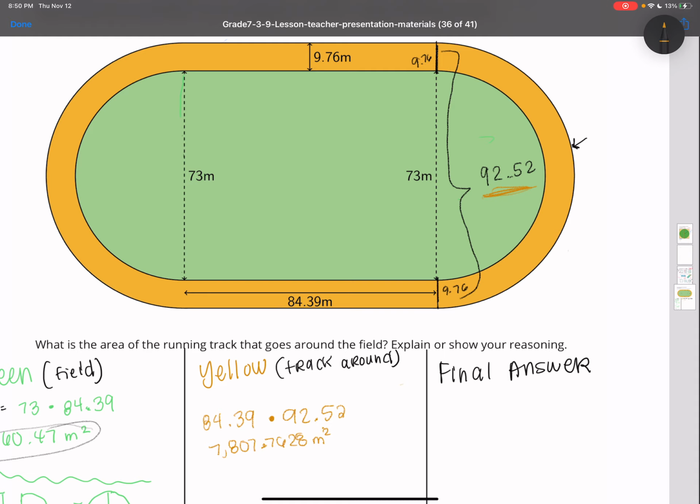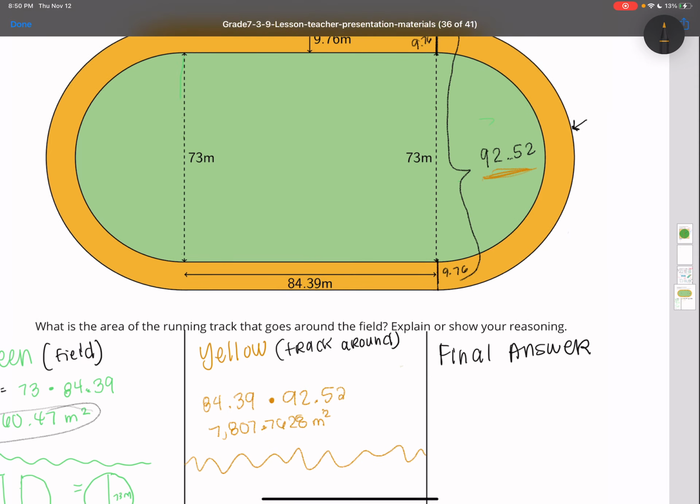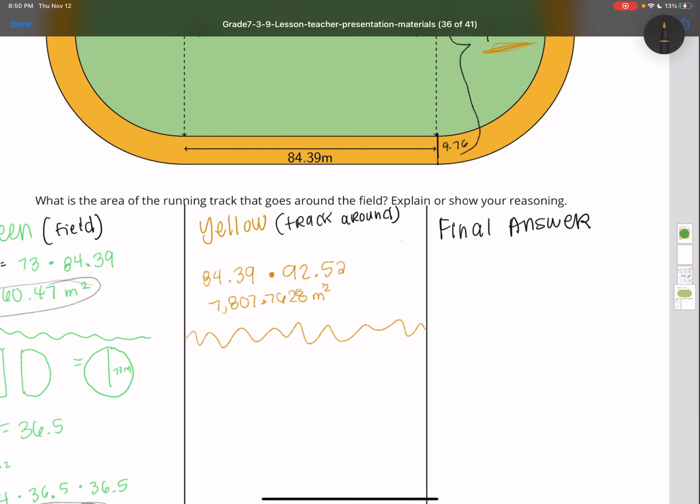Now I need to find the area of that circle. So let me draw my squiggly line. Now, I need to first find the radius. So we need to divide that by 2, just as what we did in the last problem. And it's going to be 46 and 26 hundredths for the radius, okay?